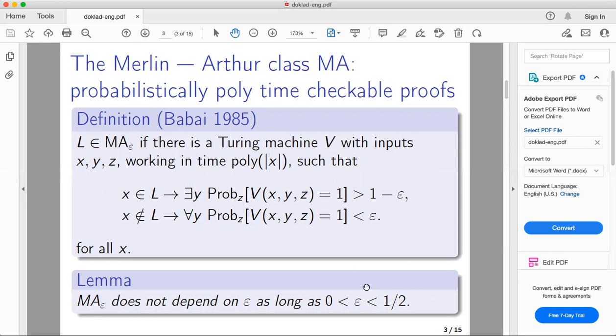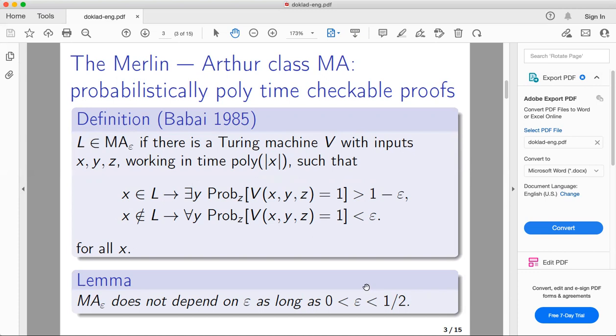And we say that a language L is in MA if there is a Turing machine V with 3 inputs X, Y, and Z. X is the input, Y is the candidate proof, and Z is the randomness needed to the proof checker V, with the following properties.